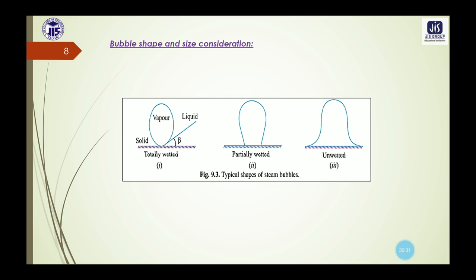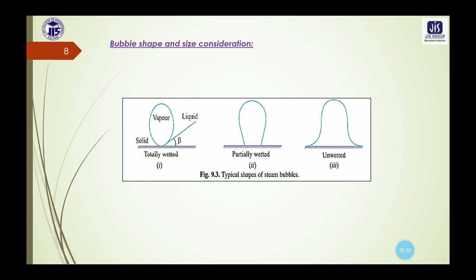Now in case of liquids having intermediate surface tension, that means the partially wetted surface, a momentary balance may exist between the bubbles and the solid surface, so that it is necessary to form larger bubbles before the buoyant force can free them from the surface.